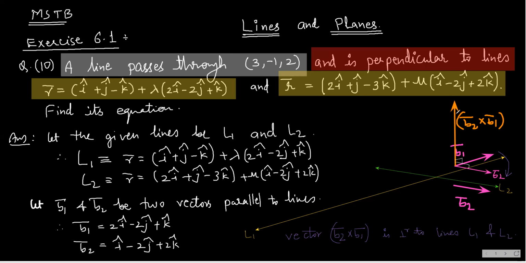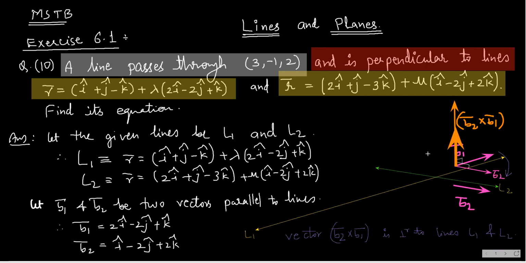I have a vector which is perpendicular to these two lines. So now I can say that the required line is parallel to this vector. I repeat once again.